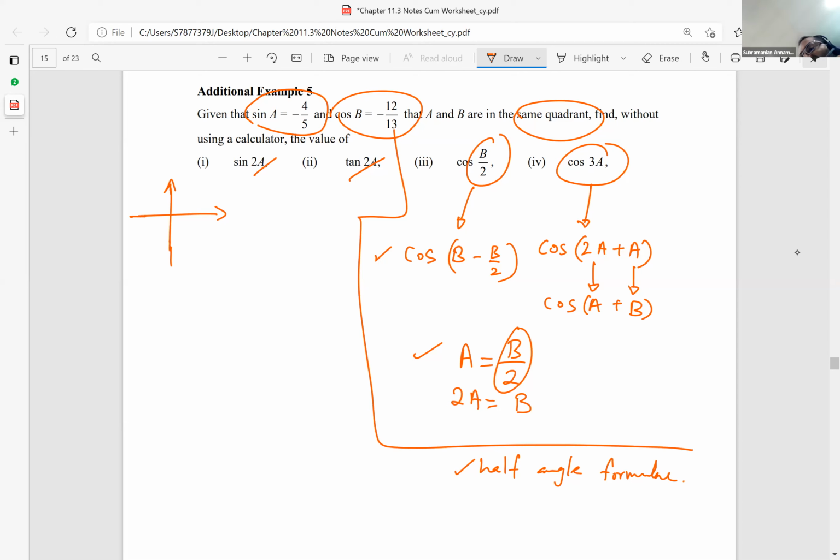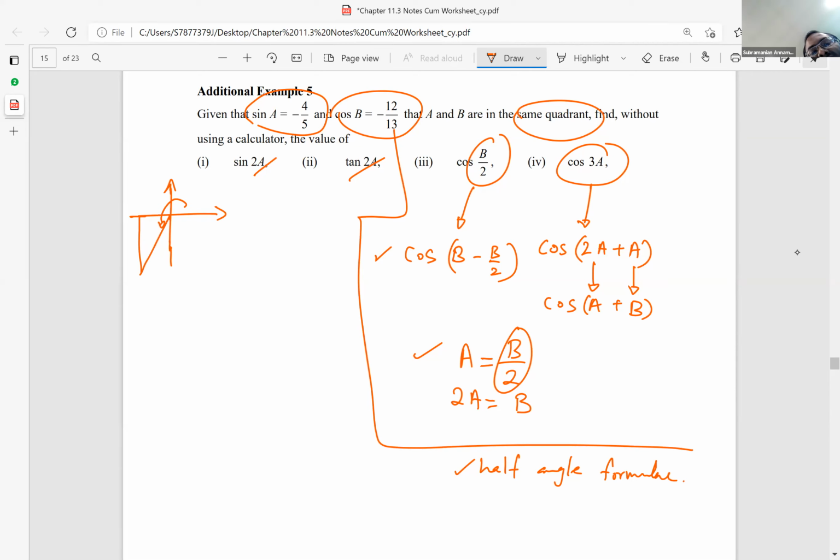So tangent cannot be negative. You cannot have 3 angles negative, in any one of the quadrants. You can have 3 angles as positive, that's the first quadrant. In the second quadrant, only sine is positive. But here your sine is negative, so cannot. So it should be your third quadrant. Understand?